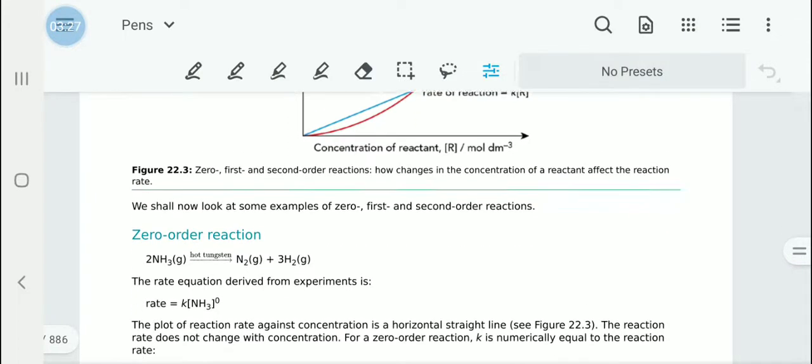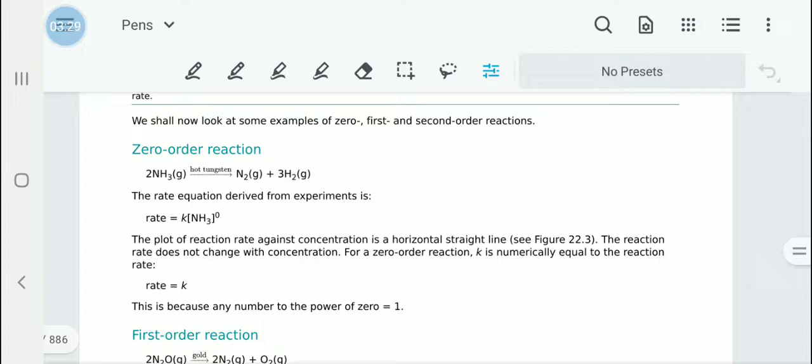Now in a 0 order reaction, take 2 ammonia gas which, when passed through hot tungsten, converts into nitrogen and hydrogen gas. The rate depends on k[NH3] to the power 0. So when you plot the reaction rate against concentration, it is a straight horizontal line.